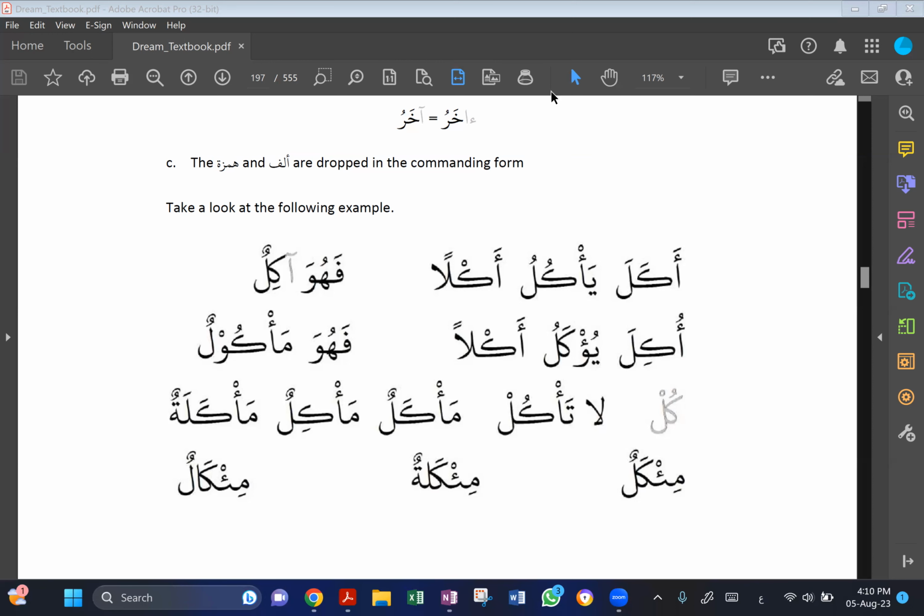Then again, tu'kalu, tu'kalani, tu'kaluna. Right? Yes. Okay. Then again, yu'kalina, tu'kalani, then tu'kalna. So you said anti? Anti, I said yu'kalani, yu'kalina.